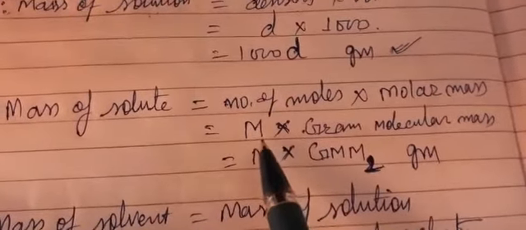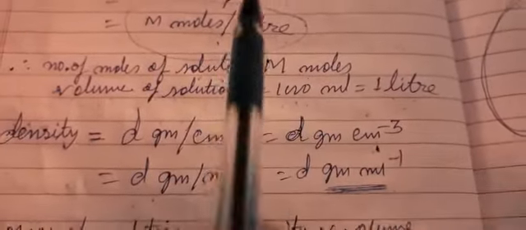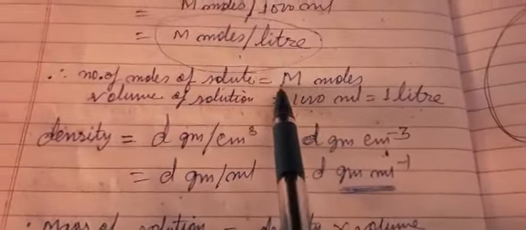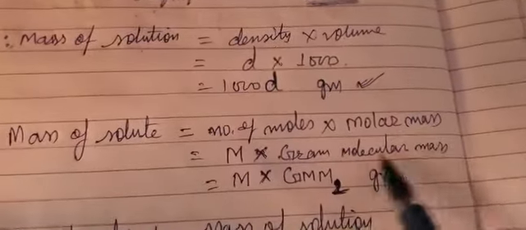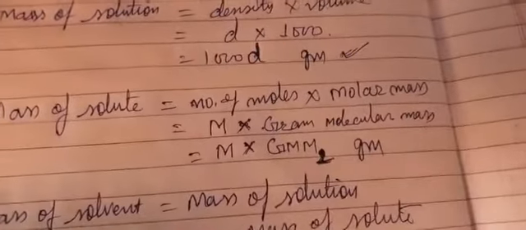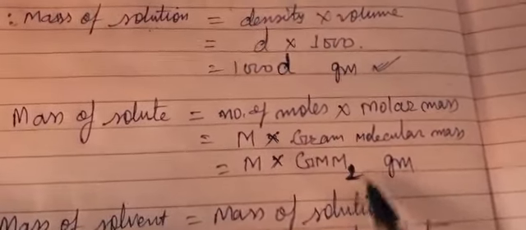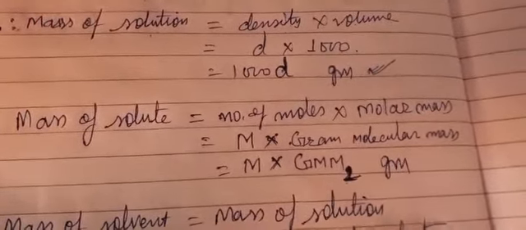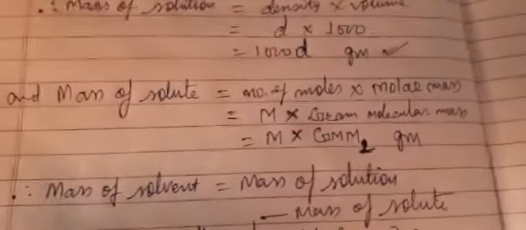The molar mass, the gram molecular mass, can be written as GMM2 to represent that it is for the solute, not for the solvent.